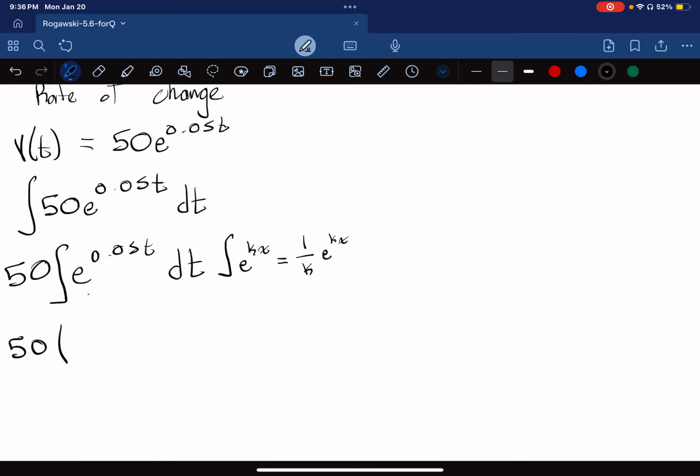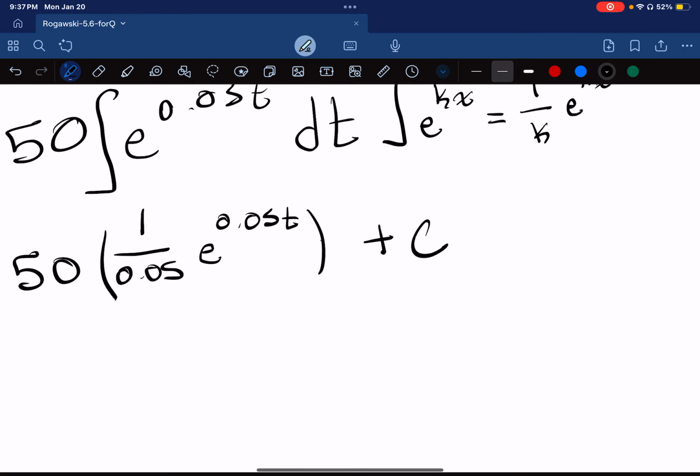So the integral of e to the 0.05t is simply going to be 1 over 0.05, because that is our constant value, times e to the 0.05t plus c. Because once again, we have no idea what constant may have been in front of this equation.